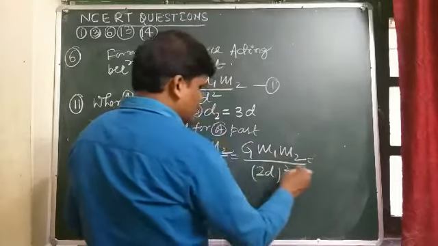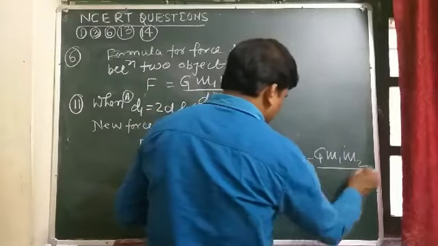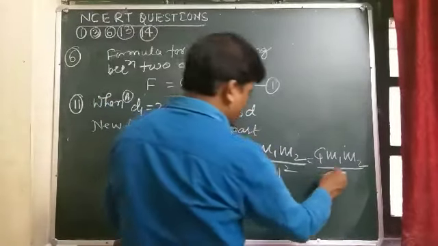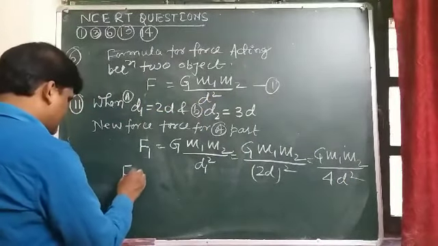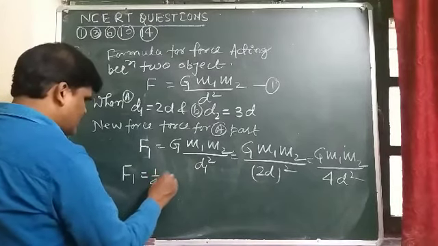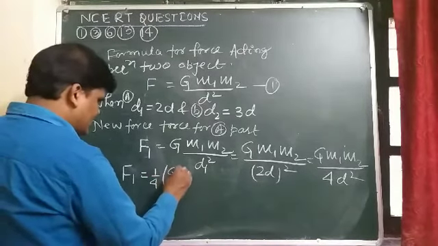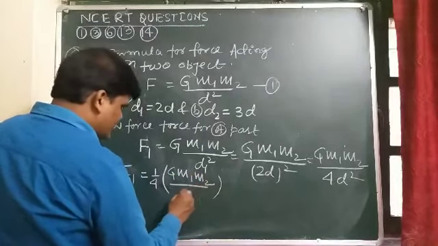And student, you know that G m1 m2 and the square of 2d is 4d square. So the new force when distance is doubled comes out to be 1 by 4, in bracket we write G m1 m2 by d square.